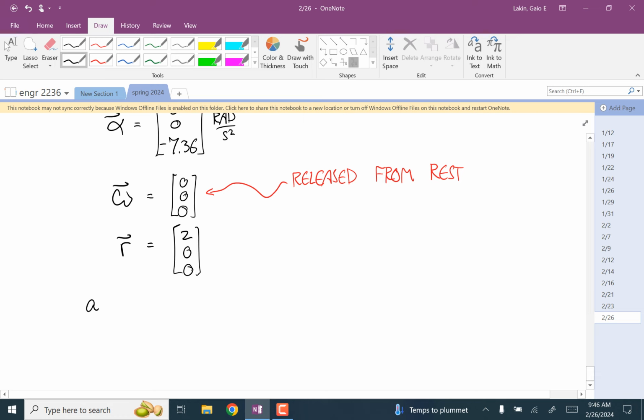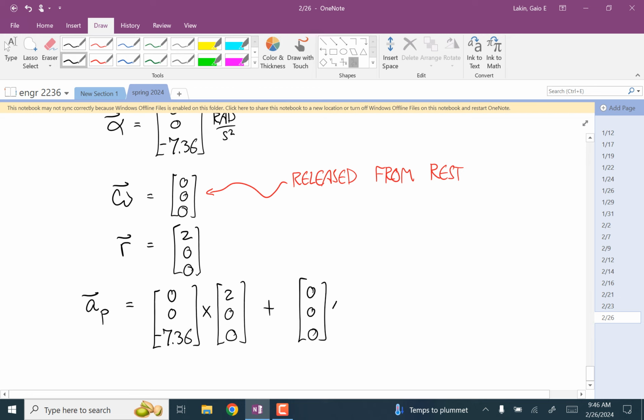And so the acceleration of P is 0, 0, negative 7.36 crossed with 2, 0, 0, plus this whole part is going to go away because that omega is 0.